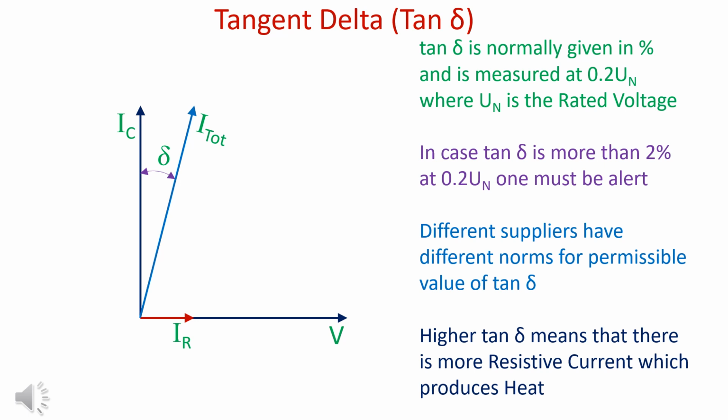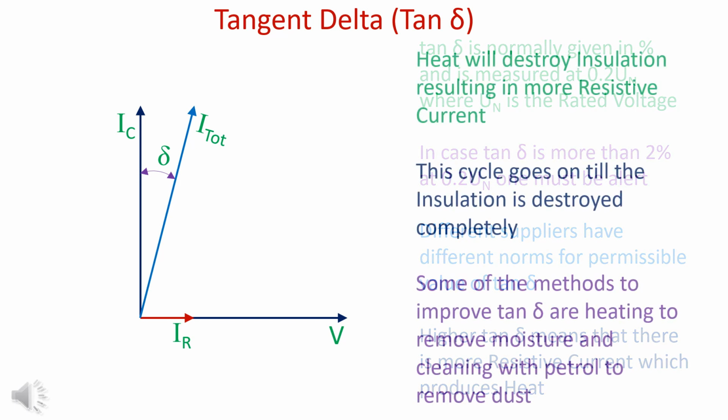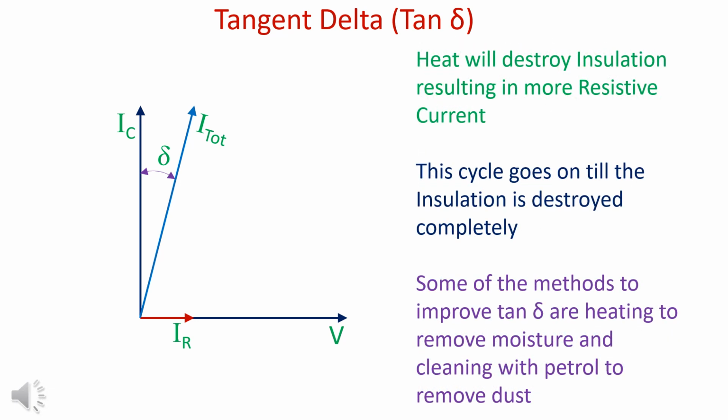In case the tan delta is more than 2% at 0.2 times the nominal voltage, one must be alert. Higher resistive current produces heat in the insulation. Heat affects the life of the insulation. Tan delta can be improved by heating to remove moisture and cleaning with petrol to remove dust.